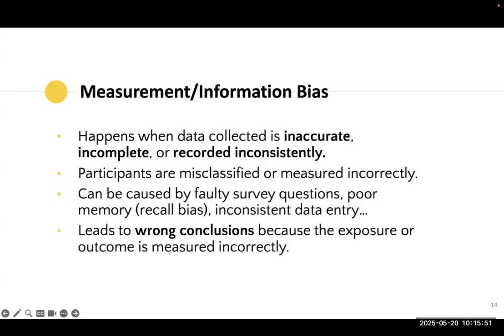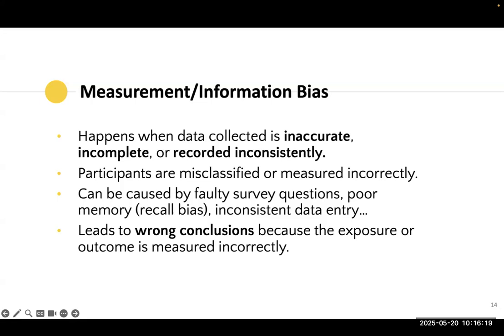Now, the other main group of biases are our measurement or information biases. These happen when the data is collected and it's either not collected right, it's not complete, or it's just not recorded right, inconsistently, or it can be entered wrong as well. If you're doing manual data entry, that's a problem sometimes.